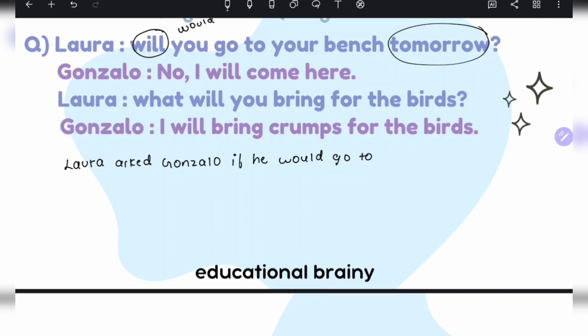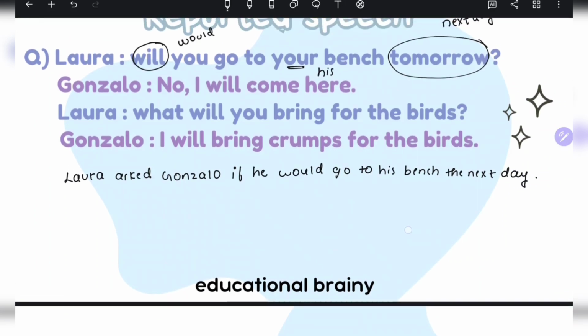"Your" you change to "his", because she's speaking to someone, right? So his bench, and here I've told you, you have to change it to the next day. So the first line we are done with writing.